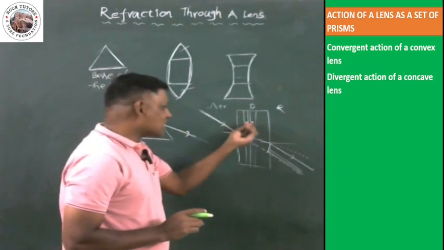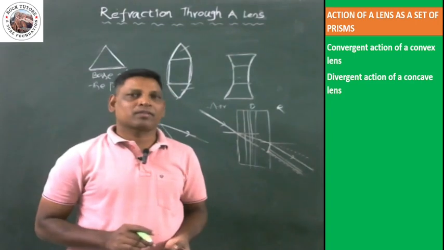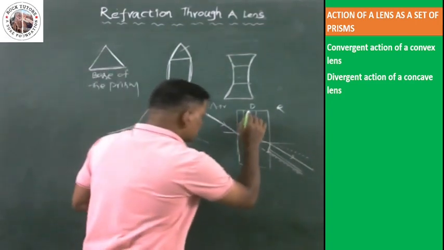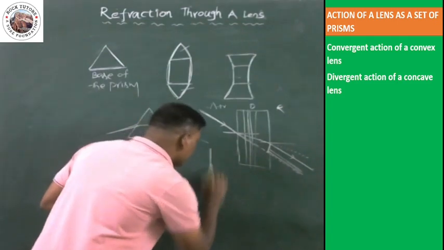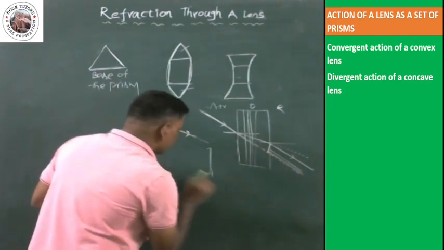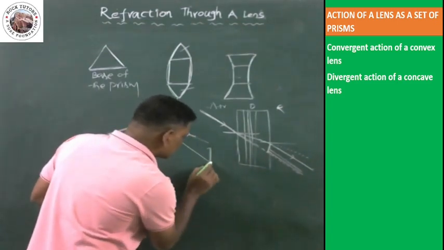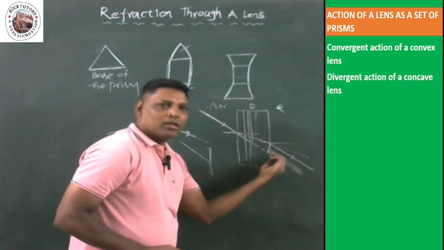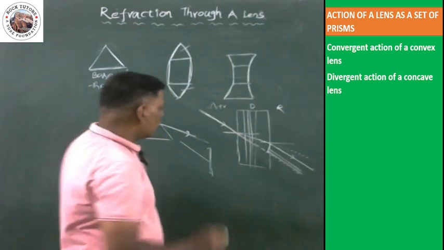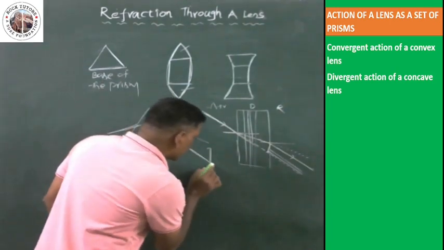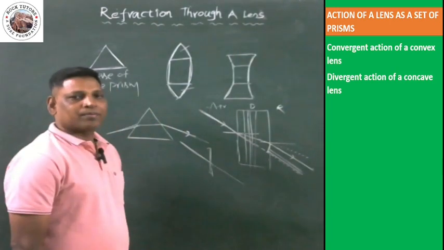If the glass slab is very thin, like this, then the lateral shift is also almost very close. It looks like there is no deviation of the light.